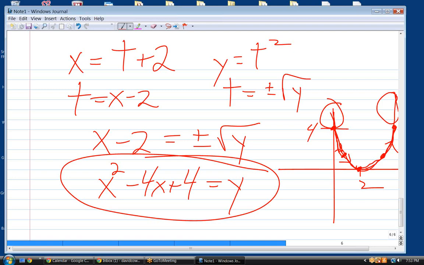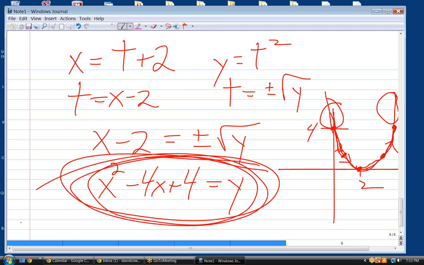Actually, well, it just continues the graph. Oh, it does. So it shows the full graph of y equals x minus 2 quantity squared. Does it have the individual points for when t counts from minus 2 to 2? No, it doesn't show those.